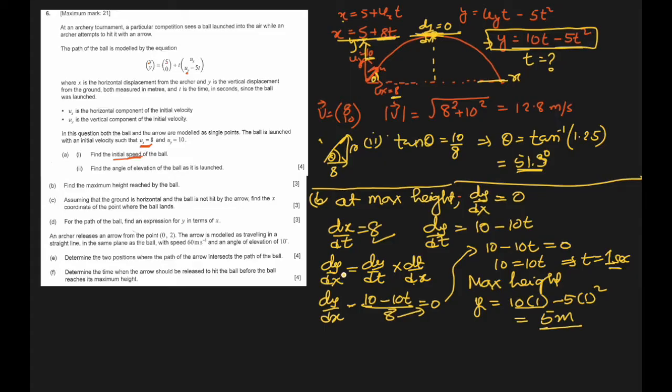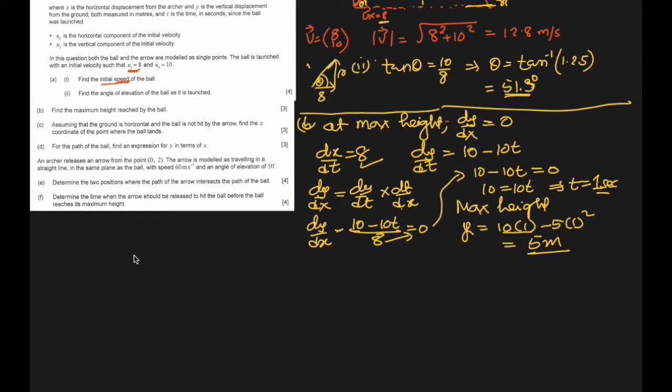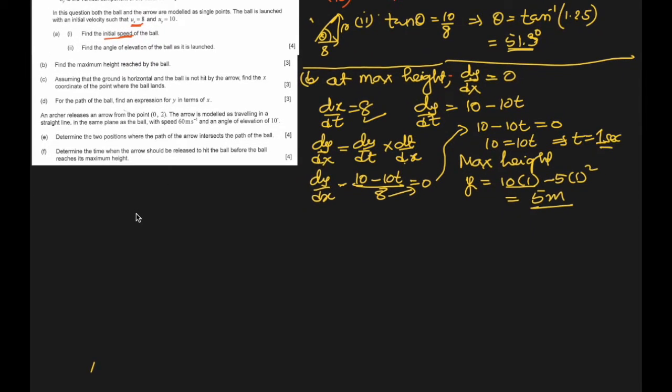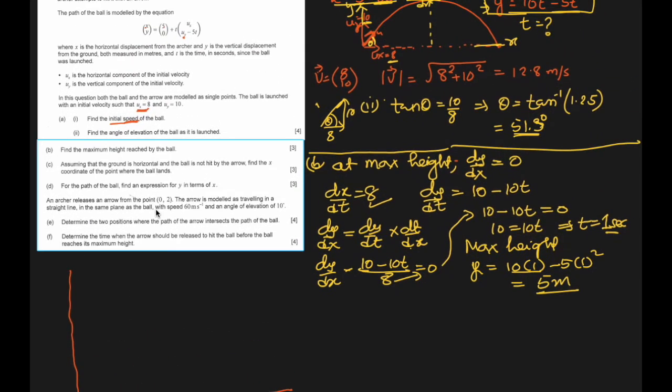Since this has become a little messy, let me take some space here and draw it here. So okay, the ball was launched from, if you remember, 5, 0. That means x component was already 5 but y component was 0.